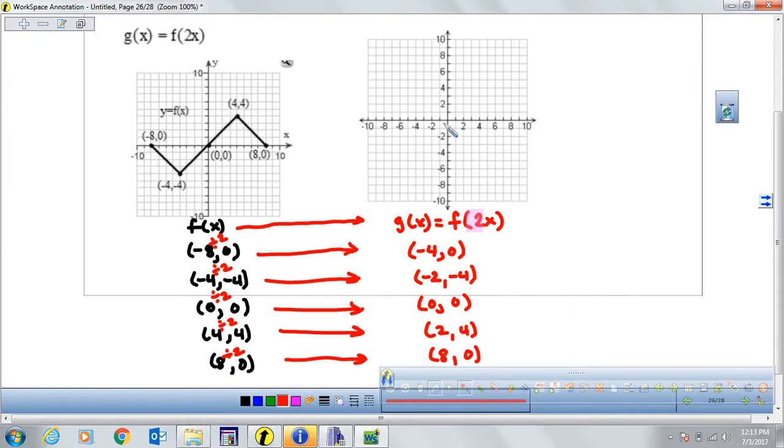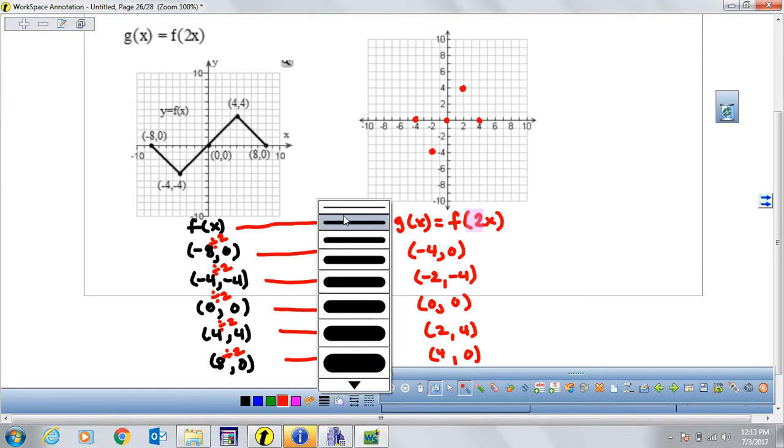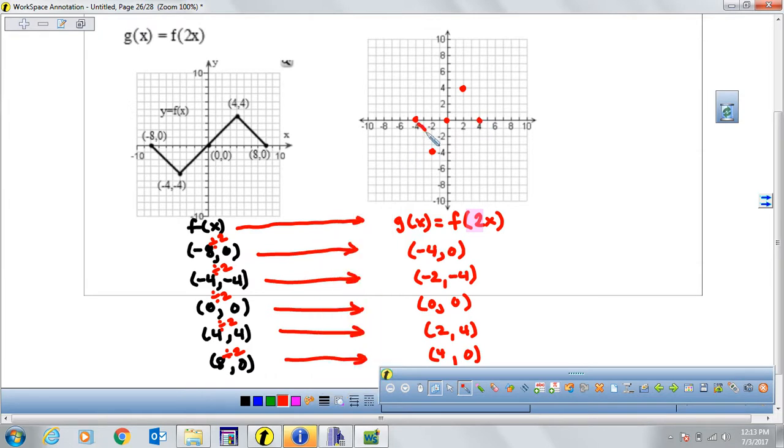Okay, so -4, 0 would be right here, -2, comma -4 is right here, 0 and 0, then 2, comma 4, and the last one is going to be, oh, that one was a 4 at the end, 4, comma 0. That would be the last one. So the graph was shrunk horizontally by a factor of 2. That's how we're going to explain it right here.